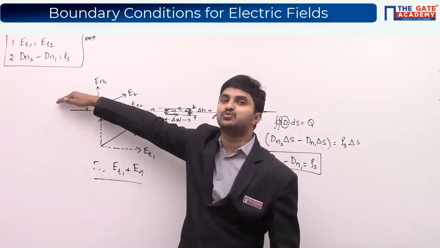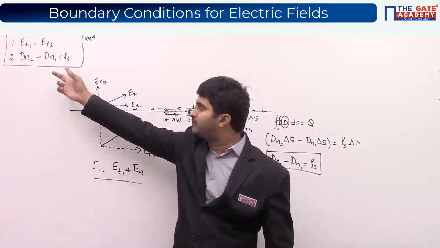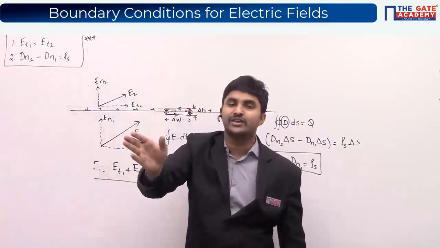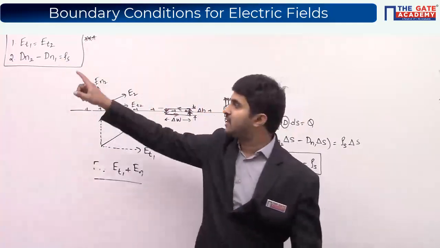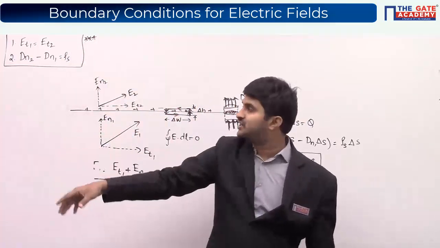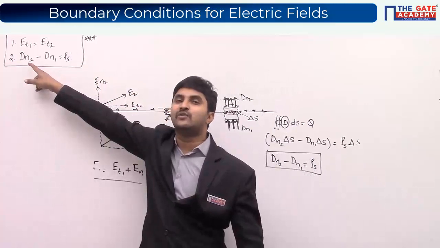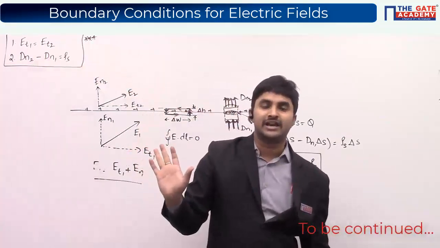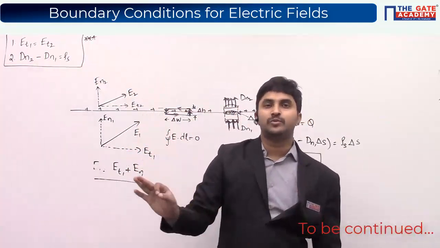Then, if the interface is charged, there will be some rho s. But if the interface is not charged, you can directly write dn2 is equal to dn1.